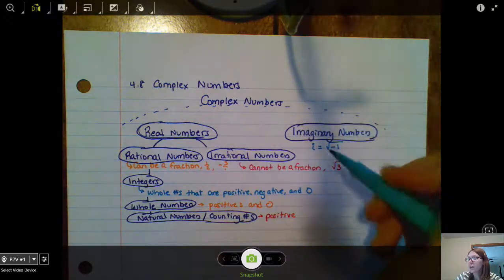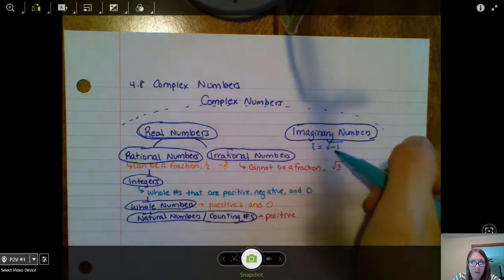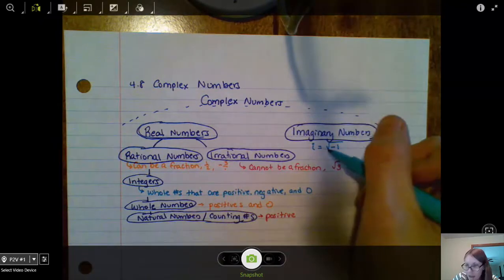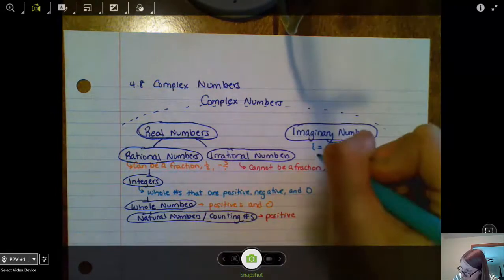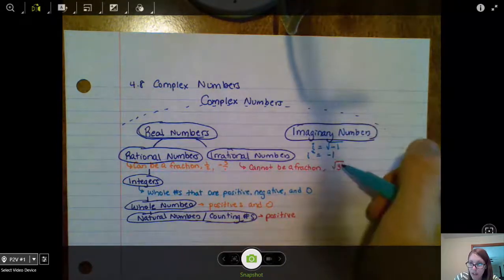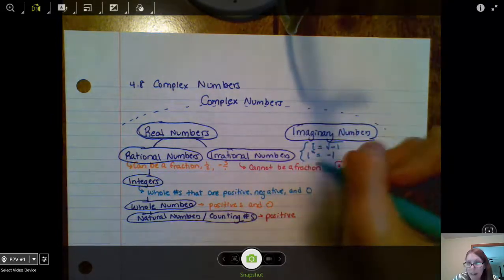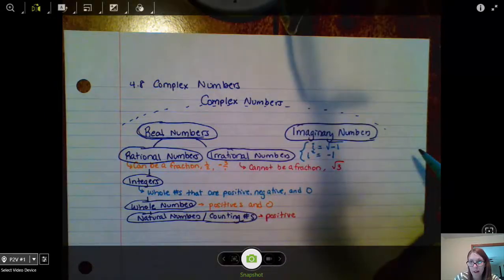Now kind of going off of that, imagine if I have i equals the square root of -1. If you think of this as an equation and you square both sides, the square root of -1 squared is -1, and then you'd have i squared over here because you square both sides. So going along with this, i is the square root of -1. i squared is -1 by definition.